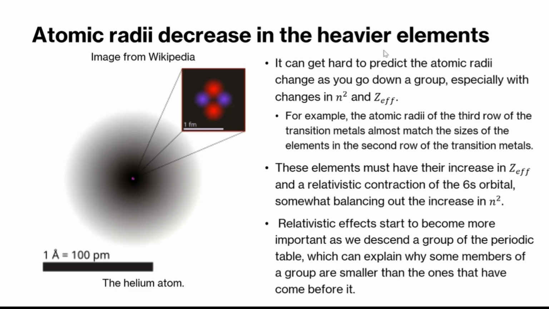And relativistic effects start to become more important as we descend a group of the periodic table, which can explain why some members of a group are smaller than the ones that have come before it. So if we look at our heavier elements, there's going to be some kind of decrease maybe, or some kind of stagnation that could be explained due to these relativistic effects.